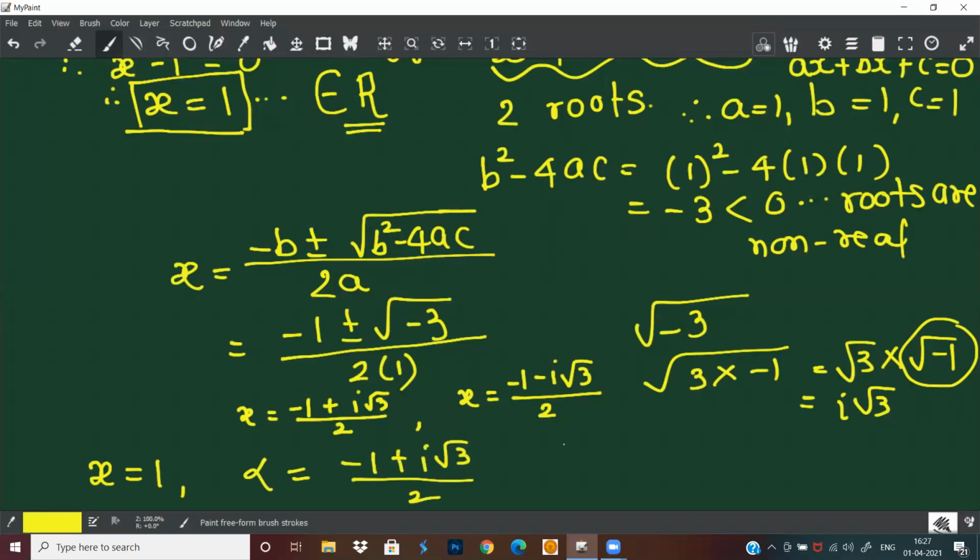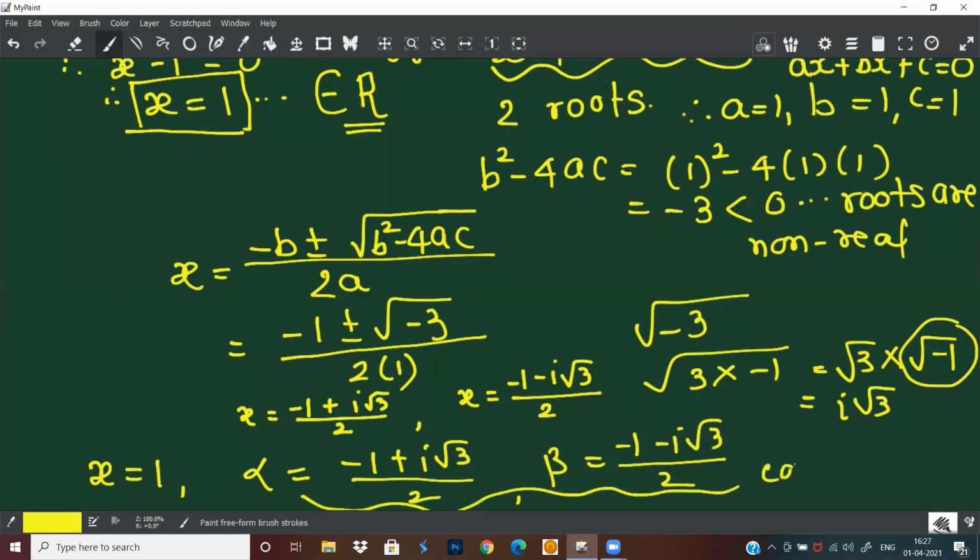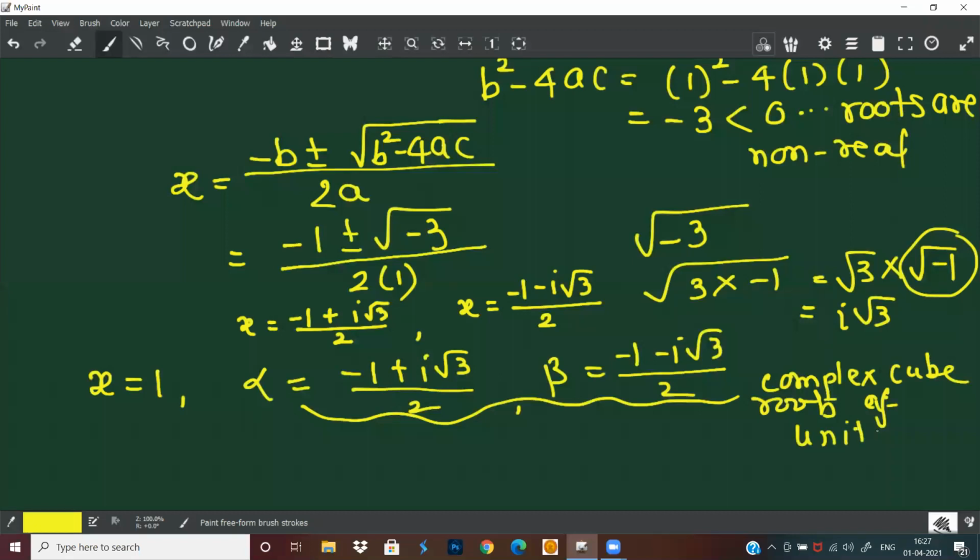This is my alpha, this is my beta. So these two are complex cube roots of unity. The third one is the real root.